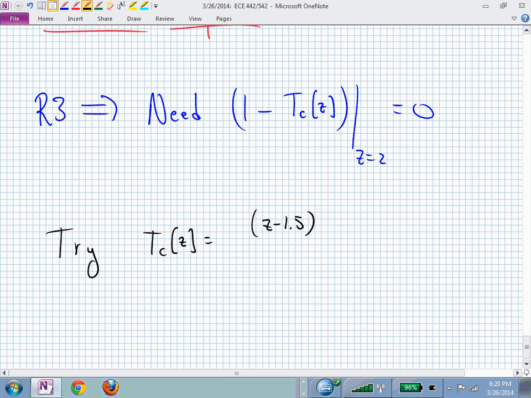Well, if we're not going any more than we have to, what if we just say that alpha of z, that remaining polynomial piece, is just a constant? Let's just say it's k. And then what do we know? All of our poles are going to be at the origin by the deadbeat response condition. How many poles do we need if we just need the bare minimum? I'm hearing a few different answers. How many do we need?